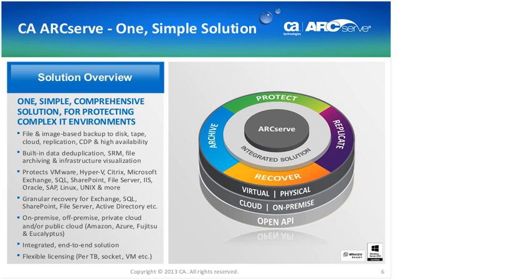First of all, as I mentioned just now, it has file and image-based backup, whether backing up to disk, tape, or cloud. Inside the same solution, we can even give you replication, CDP, and high availability. We have built-in data deduplication, SRM feature, file archiving, and infrastructure visualization. When I say built-in, that means it's absolutely free.